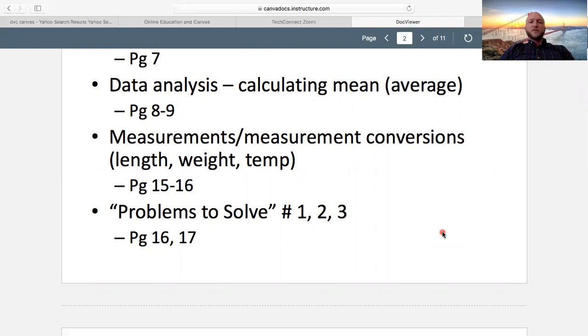You should be comfortable when given a conversion factor going from centimeters to millimeters, even going from Fahrenheit to Celsius, and you should be comfortable solving problems 1, 2, and 3. If you are comfortable with all that math, you will be comfortable with the math on Lab Quiz 1, and you will be comfortable with all the math and anatomy for this whole semester.